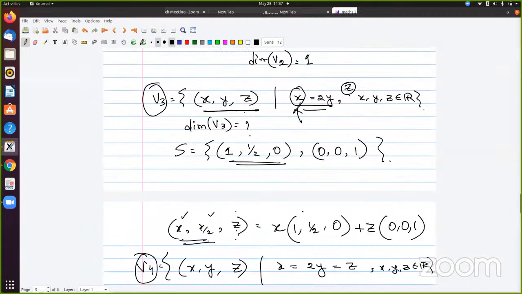In the second vector 0, 0, 1, you did not stop with one vector. You took the second vector in the subspace, because there are two free variables, no? Okay. Got it, sir. Here you want to find the value of Z. Y you can get from X, but you want to find it for Z. Just using the first vector, I cannot get the whole general form because there is another free variable, right?